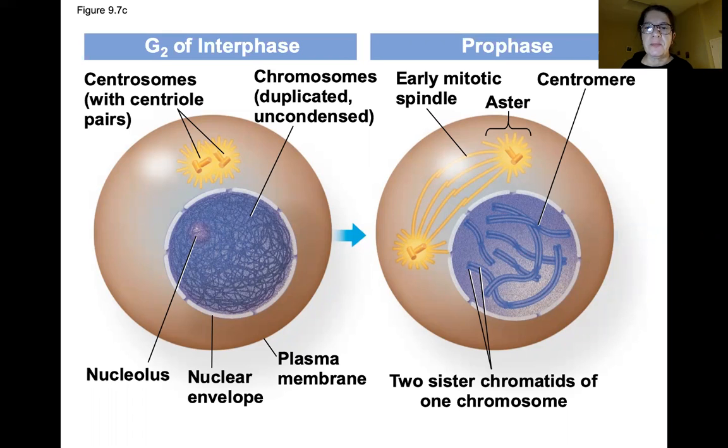In prophase, the chromosomes will condense and become visible. If you look under the microscope, you can actually see them. The early mitotic spindle begins to form. That means the two centrioles will start moving apart from each other and the spindle fibers are going to start coming out of them.